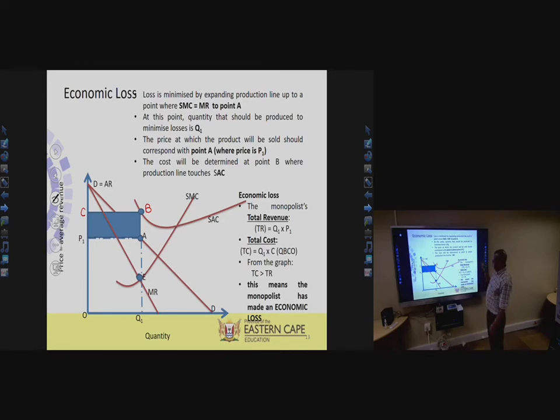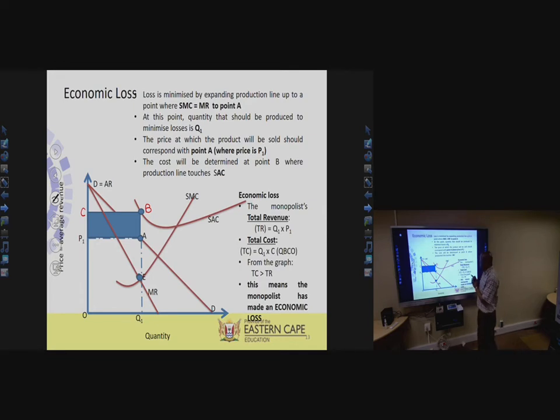But also monopolies can make losses, although they are price makers. But it happens that they can make a loss. Loss is minimized by expanding the production line up to a point where marginal costs are equal to your marginal revenue.